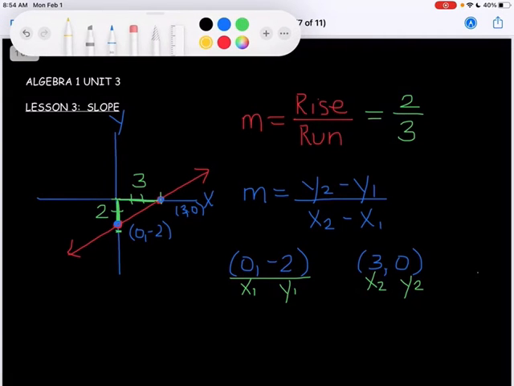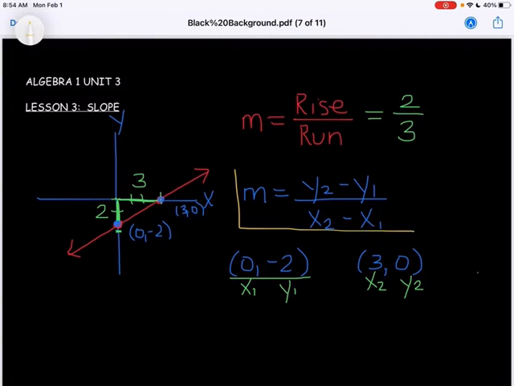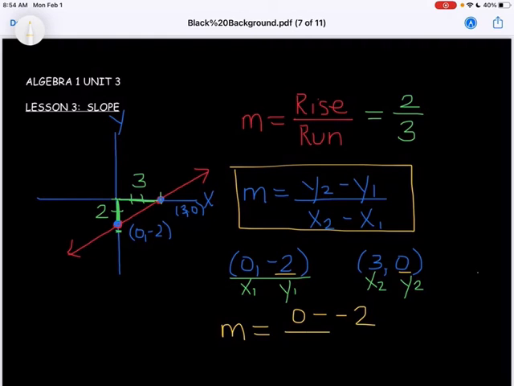So now I can plug it into this formula right here. So I get m equals, well, y sub 2 is 0, so I get 0 minus y sub 1 is -2, so -2 here, over x sub 2 is 3 minus x sub 1 is 0.